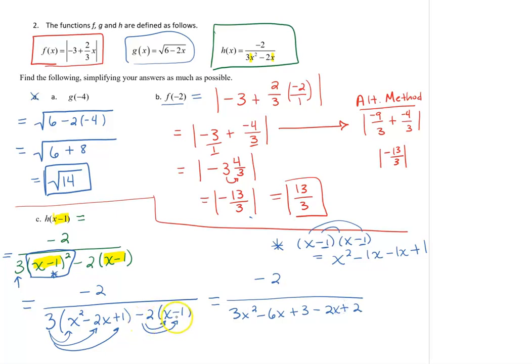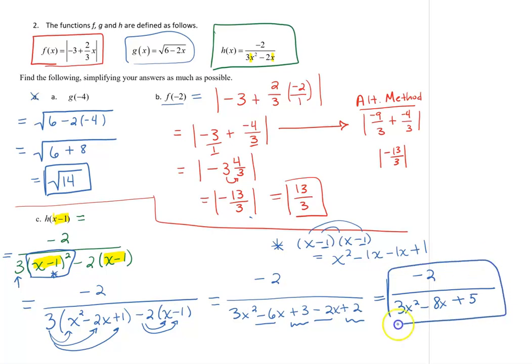Because negative 2 times negative 1 will give you a positive 2. So now if I combine like terms in the denominator, that's going to give me negative 2 still in the numerator. And then in the denominator, I have 3x squared minus 8x, and that comes from negative 6x minus 2x, and then plus 5, which is positive 3 plus 2. And that's all you can do, and that is your answer.